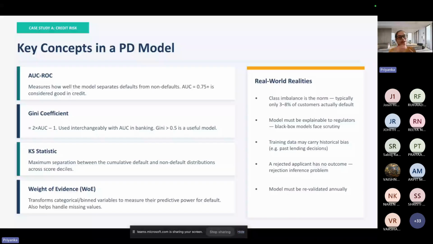For that marketing analytics example, we can use a neural network. It is a black box, we don't know how it happened, but we cannot use a black box technique in credit risk, because I need interpretability.